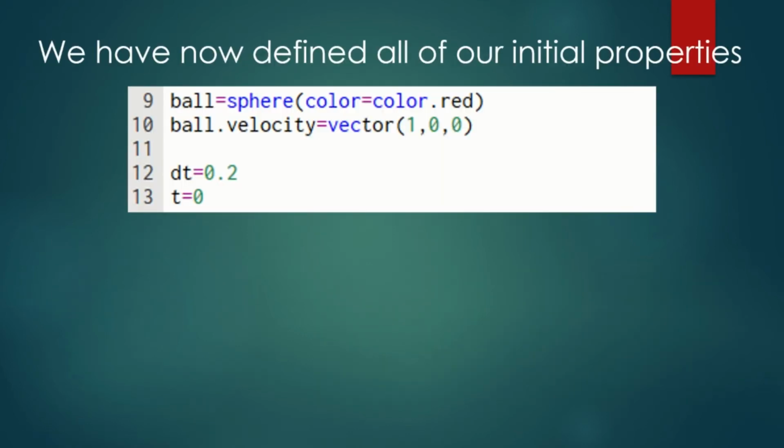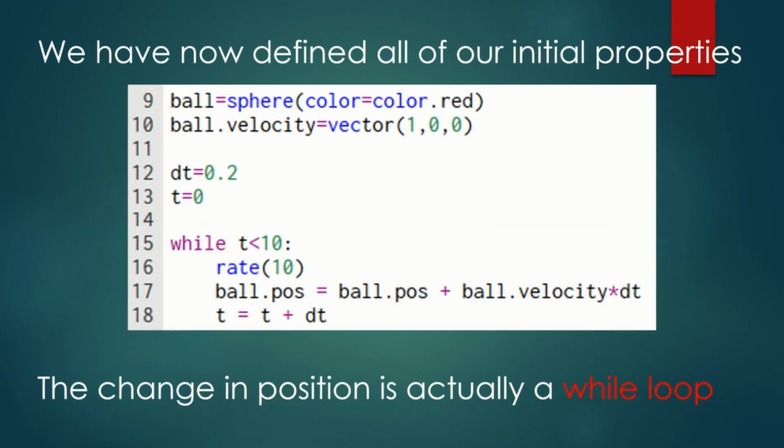All right, so now we have all of our initial properties. We have a ball. We've named our sphere ball, and it has a color red. We have given the ball a velocity that is moving in the x direction at a rate of 1, whatever that means for us right now. We have a time period of 0.2, and we're going to start at time 0. Now we're going to create our while loop.